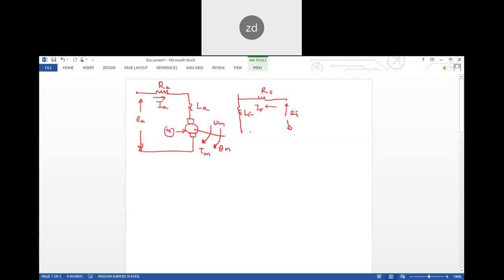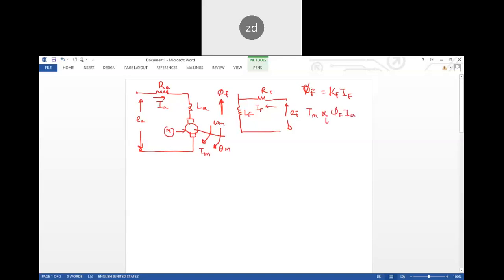Okay, so if I write, first the torque that is generated inside the motor is proportional to the flux, because inside the motor the flux is generated, and this flux is proportional to the field current, given as K_F I_F. And now the torque is proportional to phi_f into I_A.